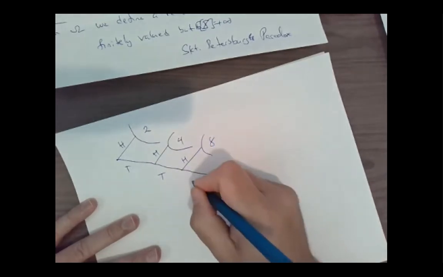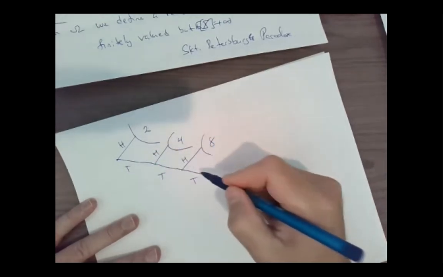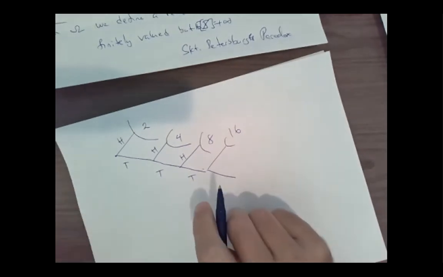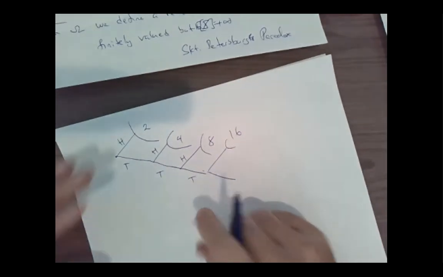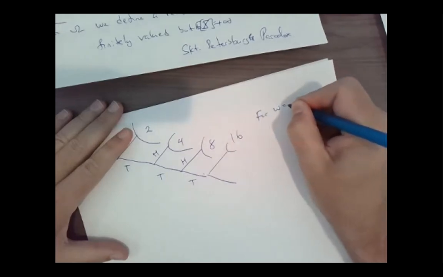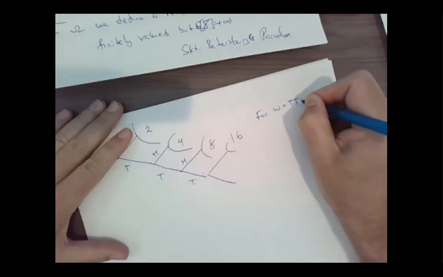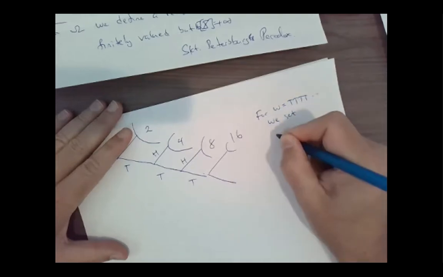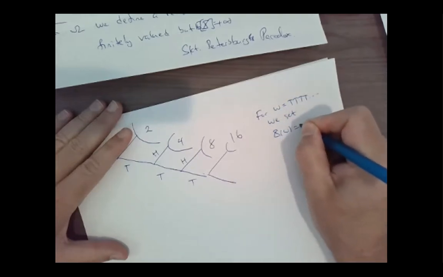And then I'm down here, so I get tails, tails, tails. Well, then I'll do the same thing. I'm going to get 16, and I'll continue down, and so on. And just for completion, if my omega is equal to all tails, we set x of omega just to be 0.